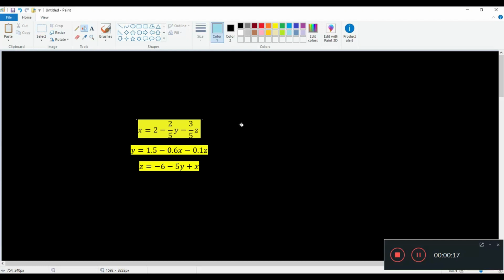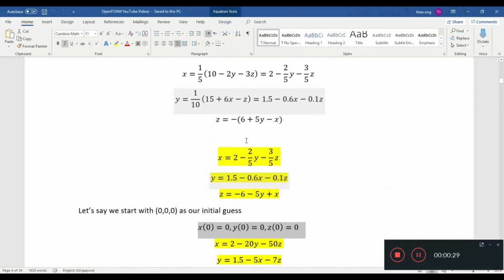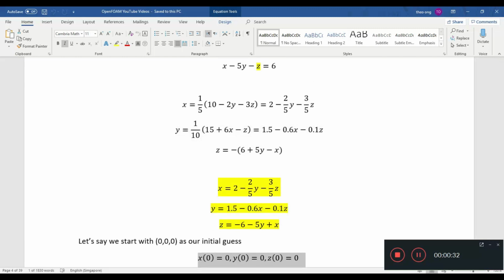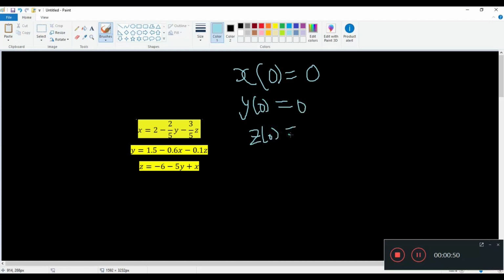We were talking about making those coefficients less than 1, and let's say we start with an initial guess of 0, 0, 0. Just bear with me and stay with me. We have initial x0 equals 0, y0 also equals 0, and z0 equals 0. These are the initial guesses.